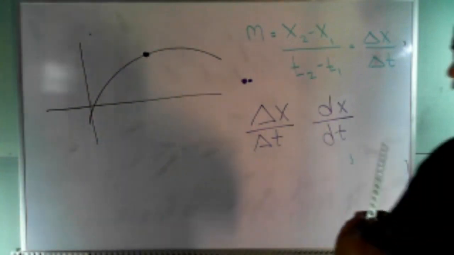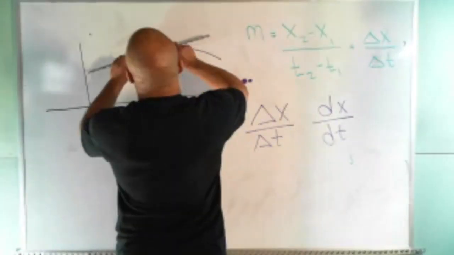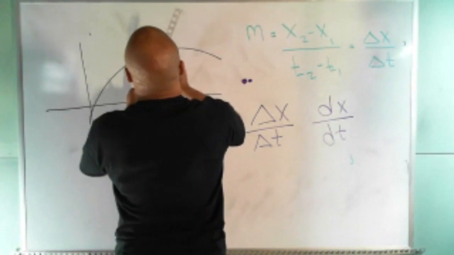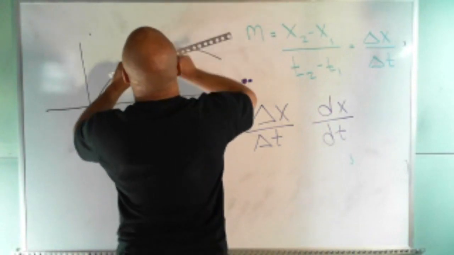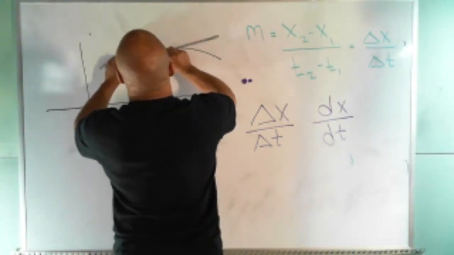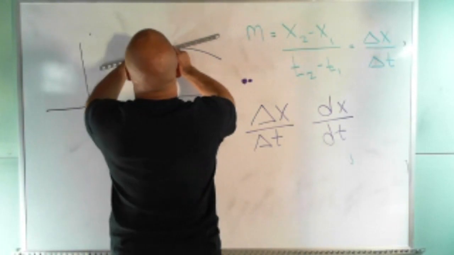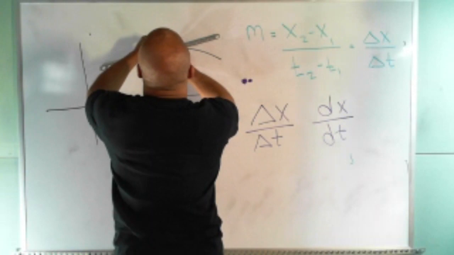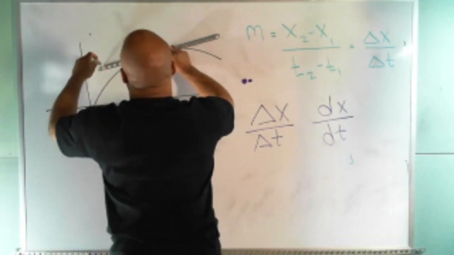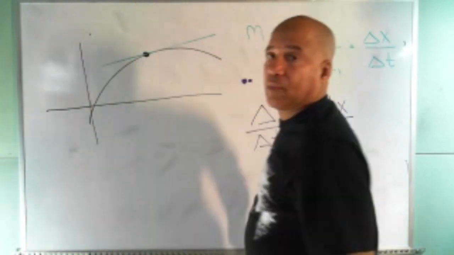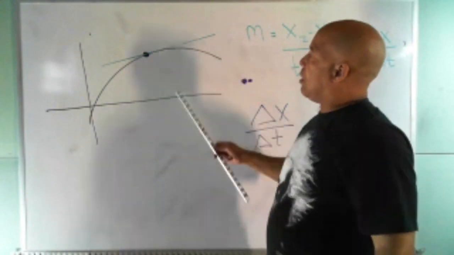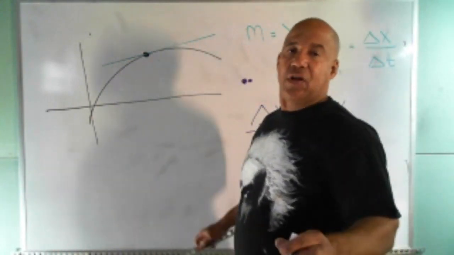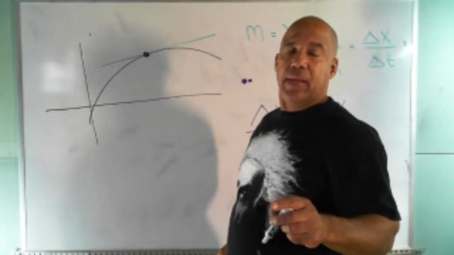It looks like this. So I have a line that touches a curve at 1 point.